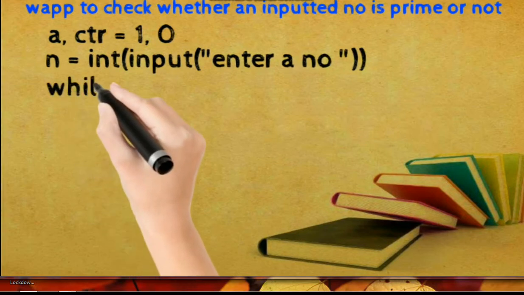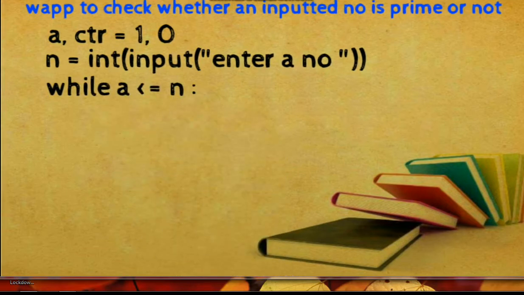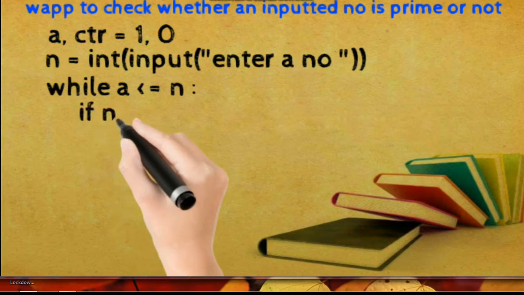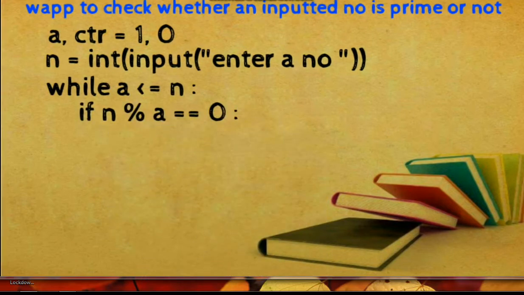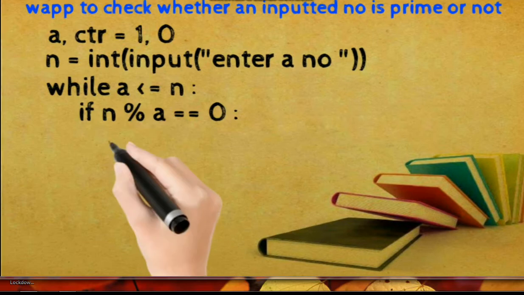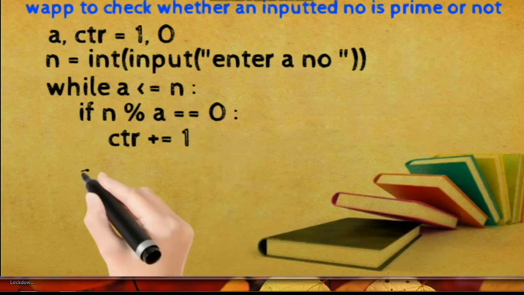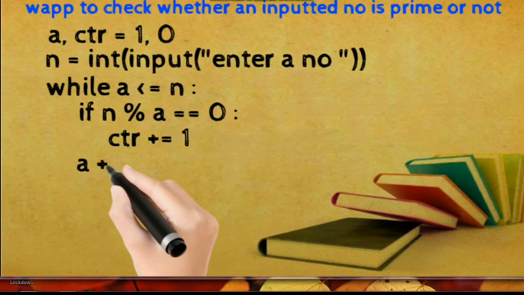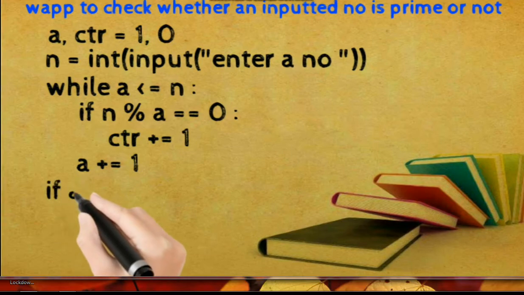So the input function is used to input the number, then while a is continuing till n, it means all the numbers are to be divided into n, and we need to count as well. So here we wrote if n modulus a equal to 0, it means if it is divisible, then only the counter value will get increased, as well as the loop will continue by a plus equal to 1.